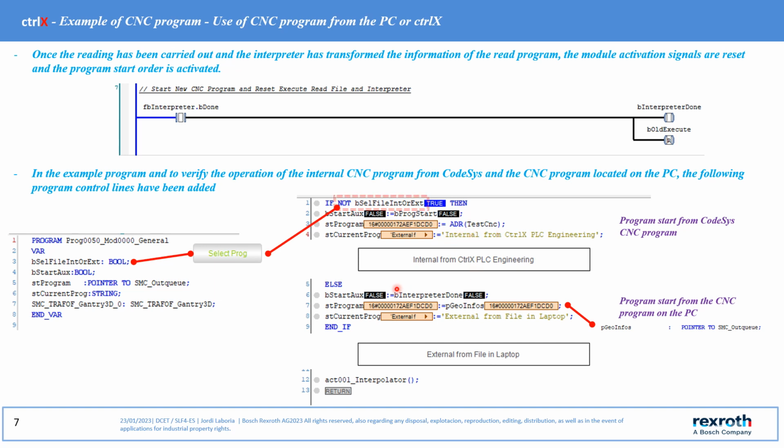However, for the program read from the PC or from ctrlX core, the definition is direct, since the speed check output instruction is in pointer to SMC outcode format. In both cases, the data that must be entered as the program file to be executed is seen in pointer mode. As can be seen, depending on the selection generated from the screen, we can select an internal CNC program or an external one.